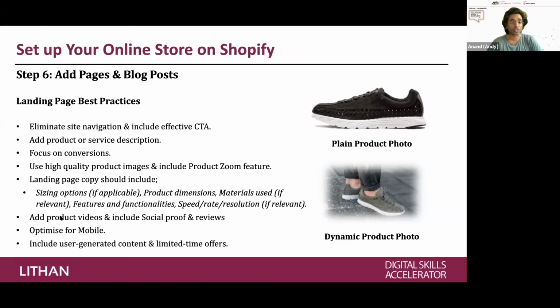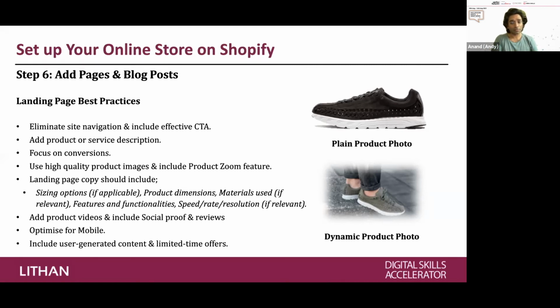Optimized for mobile. So this is another good thing. The Shopify platform is automatically optimized for mobile. So whichever device your visitor is coming to your website from, it's going to be optimized. Well, it could be an iPad. So if it's an iPad, the browser will automatically optimize itself so that the end viewer is having a good experience.